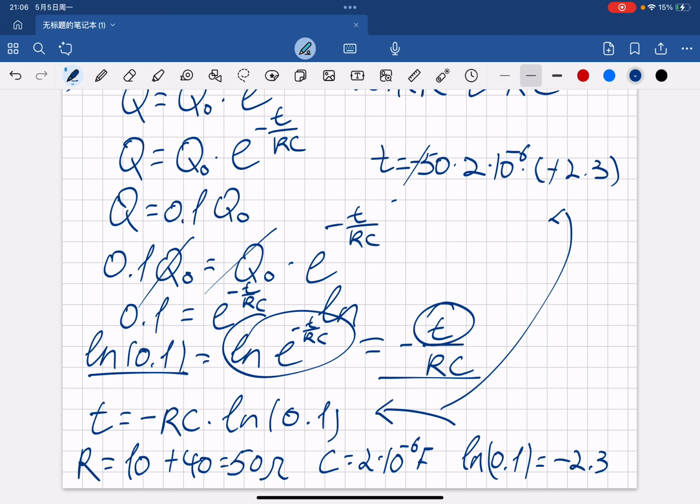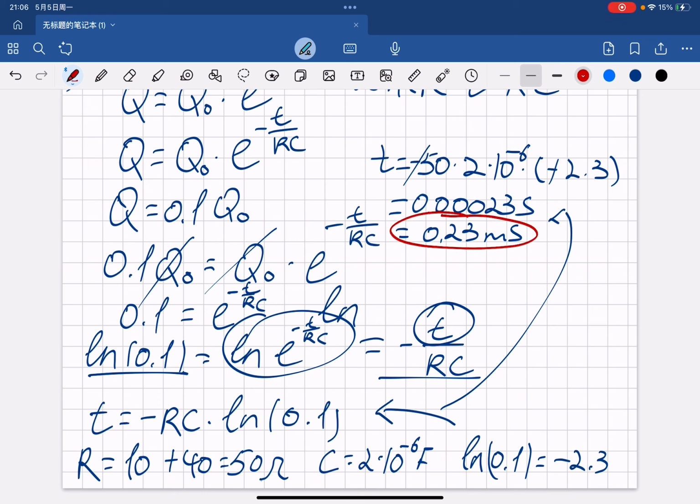That will equal 0.00023 seconds, which means 0.23 milliseconds. So it takes approximately 0.23 milliseconds for the charge to decrease to 10% of the original value.